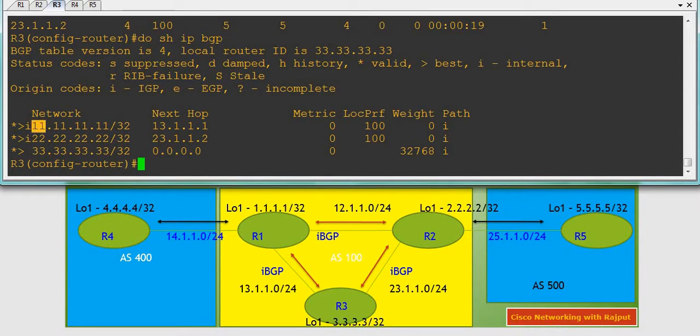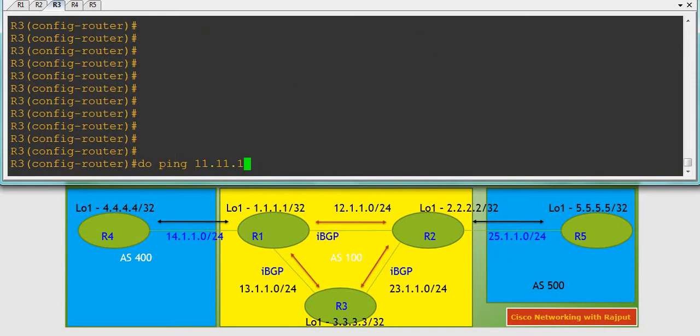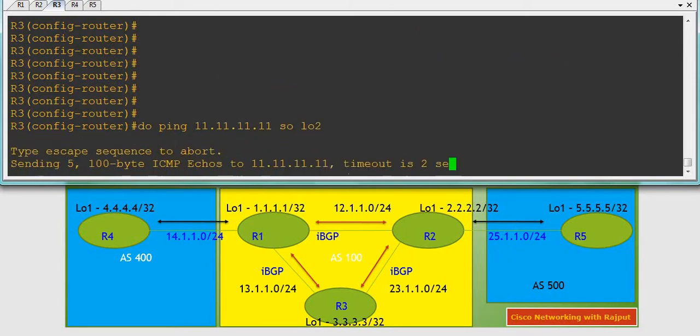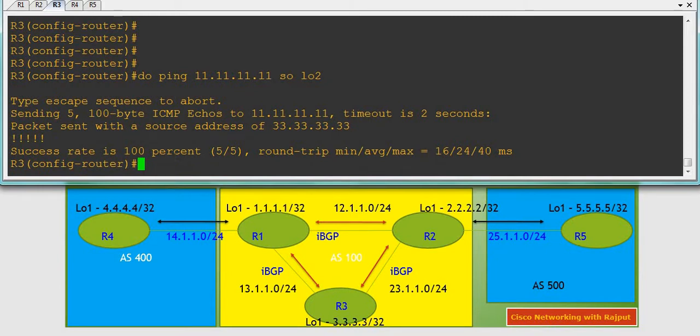It has 11.11.11.11 from router 1, 22.22.22.22/32 from router 2, and 33.33.33.33 it is advertising in BGP. Sourcing from loopback 2, so we can reach 11.11.11.11 sourcing from the loopback 2 interface of router 3.